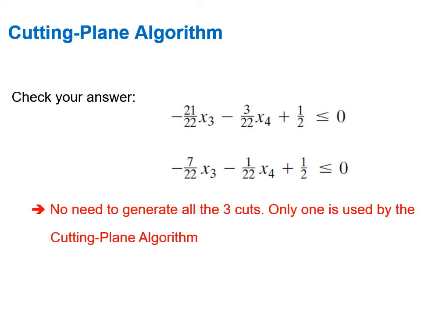Okay, so in fact we generated 3 cuts from the 3 equations of the optimal simplex tableau, but in the cutting plane algorithm you only need one of these. We don't use all 3 cuts, just one of the cuts generated, and we will add it into our problem formulation and solve using that one.